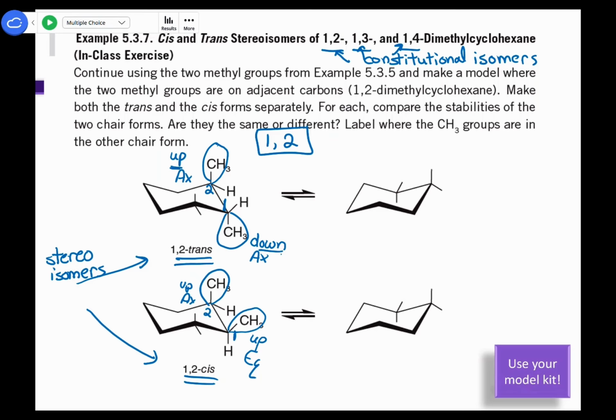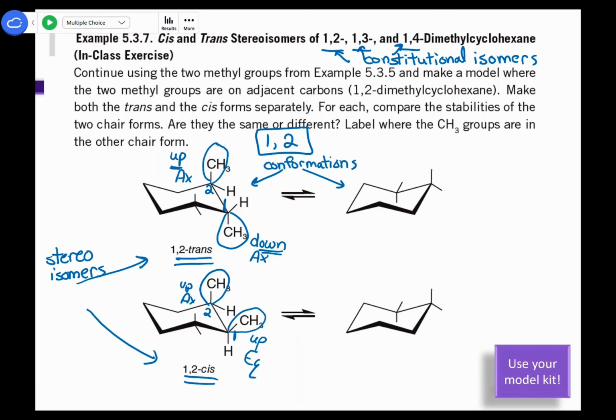Up, down tells us it's trans, up, up tells us it's cis. So we have constitutional isomers, 1,2, 1,3, depending on where those carbons are added. Then we have cis-trans stereoisomers we're going to investigate. And just to keep it exciting, we also have conformations.